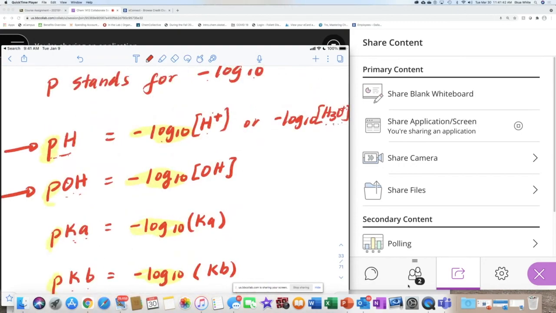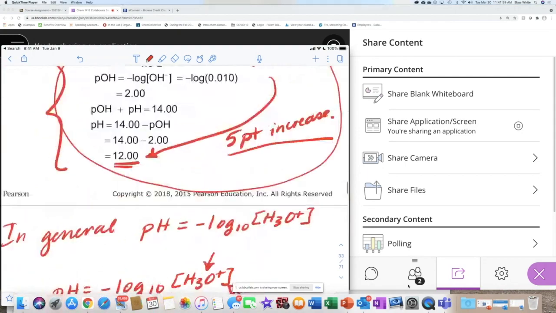If you are, take the negative log of that number, and you get your pH. If you're given the OH minus, and you take the negative log of that, you get the pOH. Kind of like what we did when we last met, which was last week.